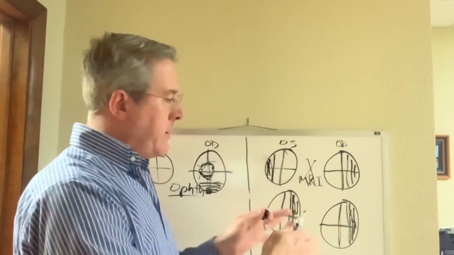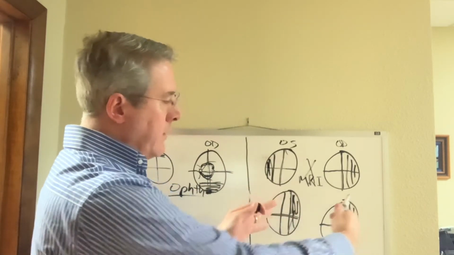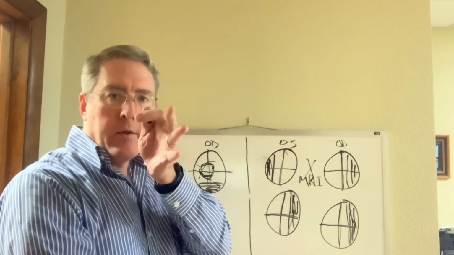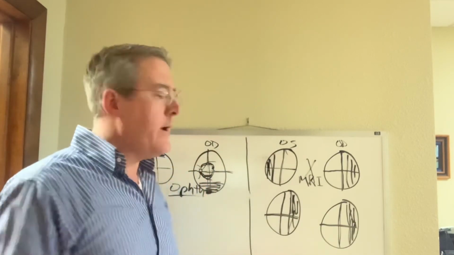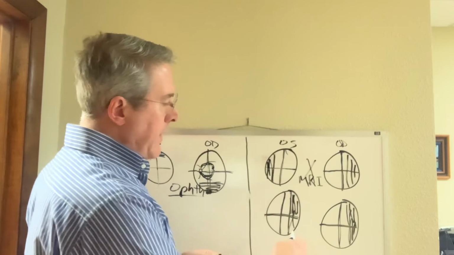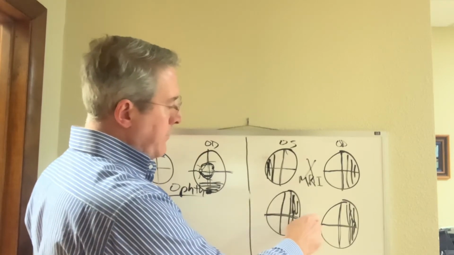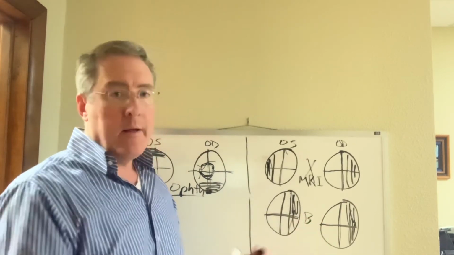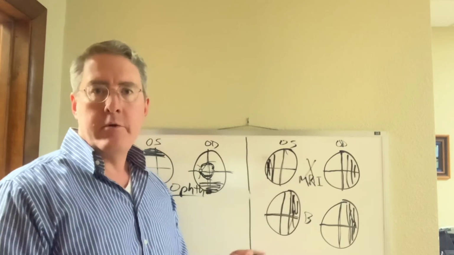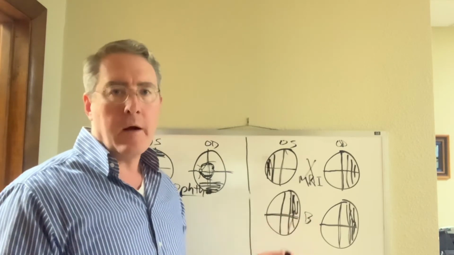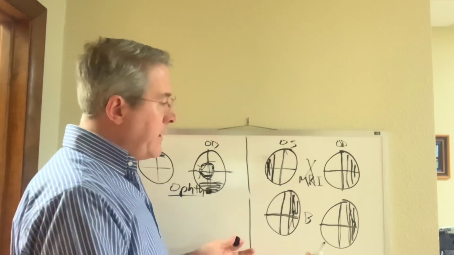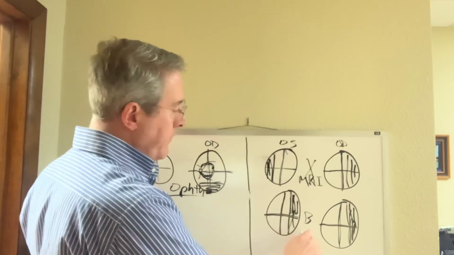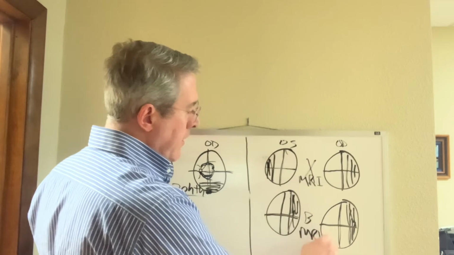In this particular drawing, it's in the right visual field, both nasally on the left eye and temporally on the right eye. And that is somewhere back in the brain. It could be one of those lateral geniculate nucleus areas or the occipital lobe or the optic radiations. It really doesn't matter because, again, these people also get an MRI.